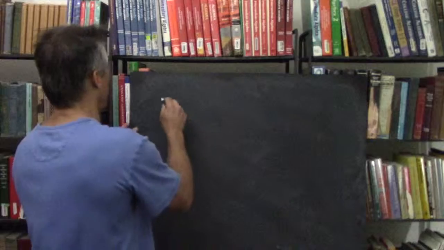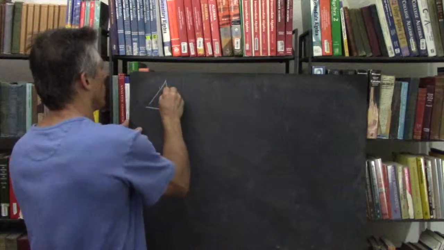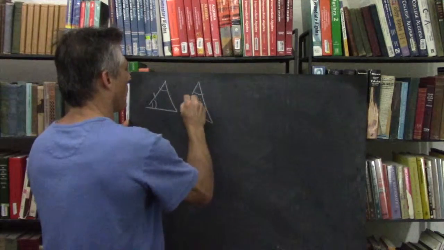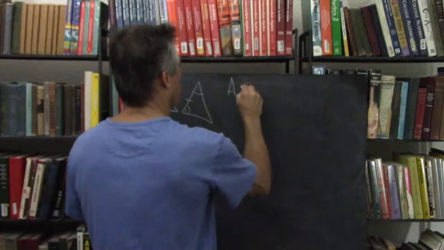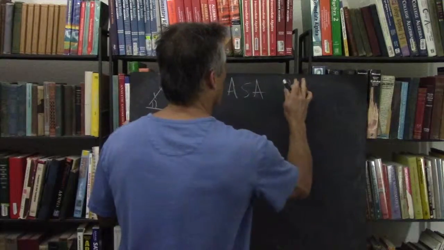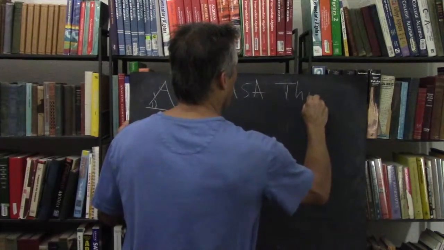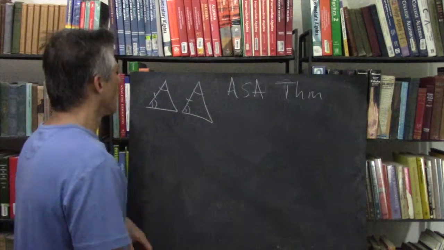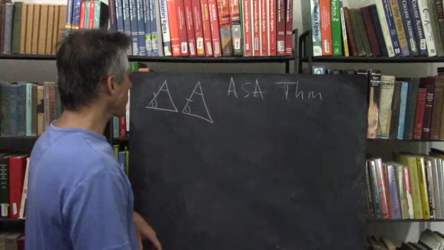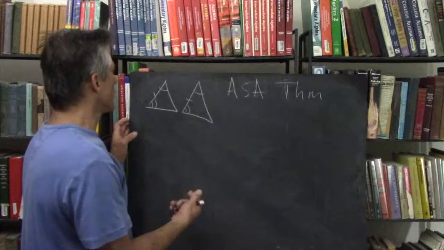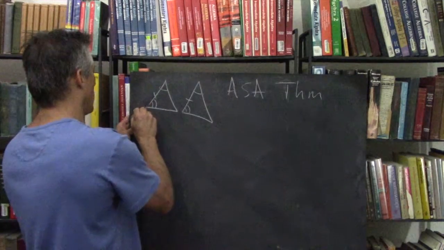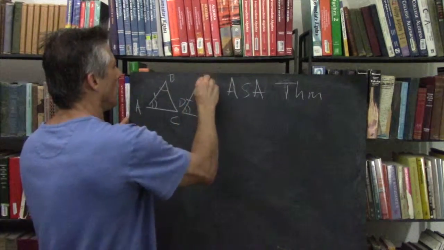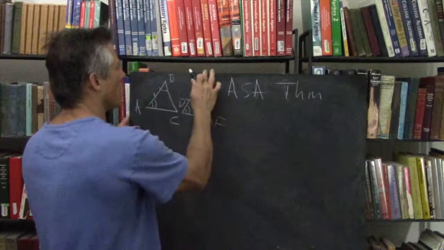So if we've got... Okay, we'll prove it as a theorem. All right. So we're going to do something similar. A, B, C, D, E, F.